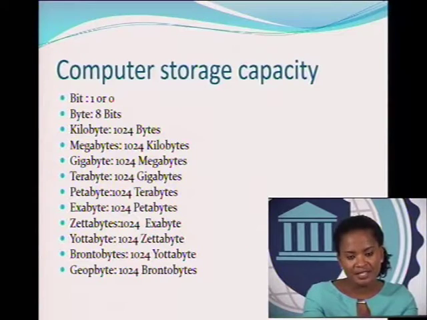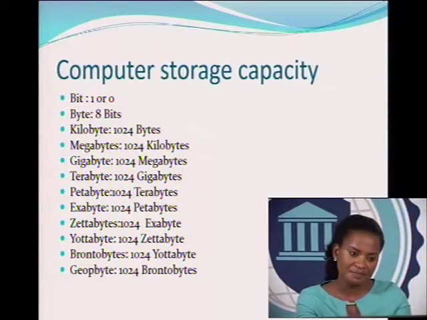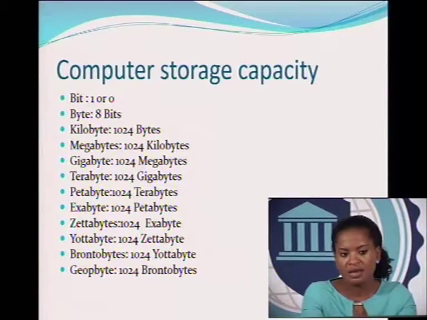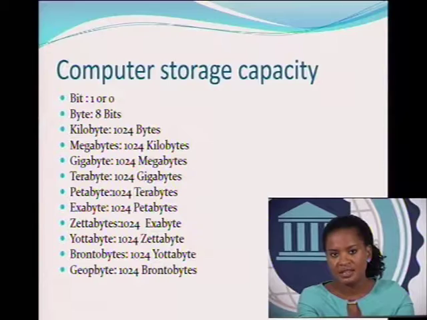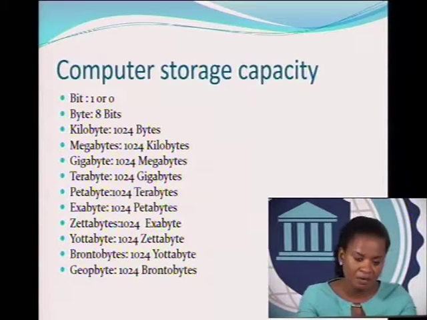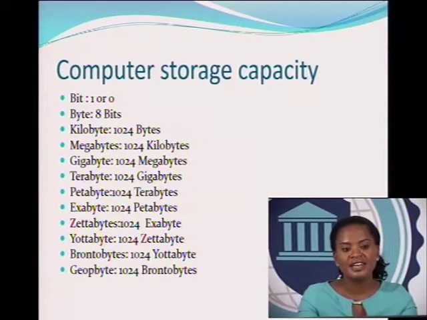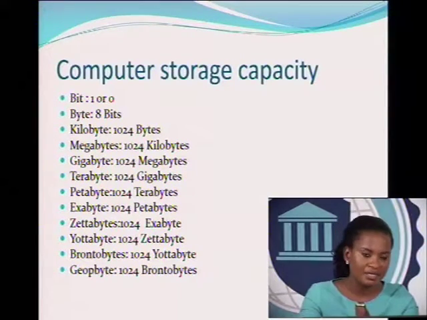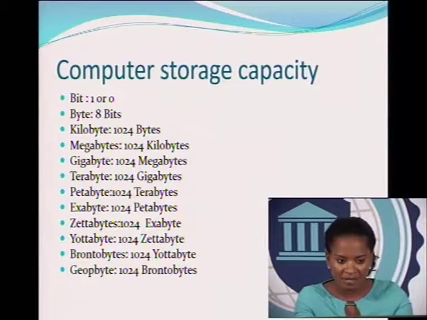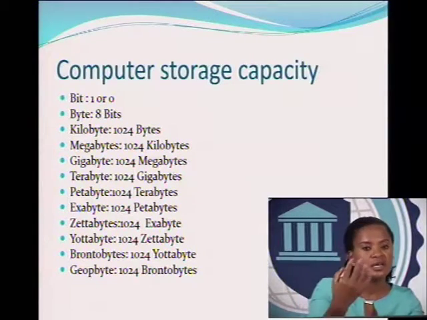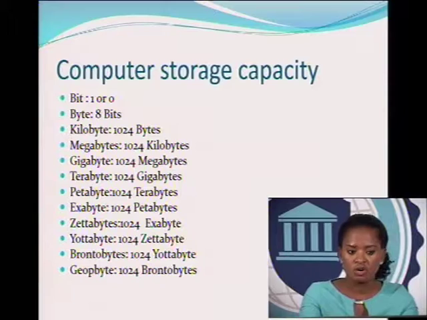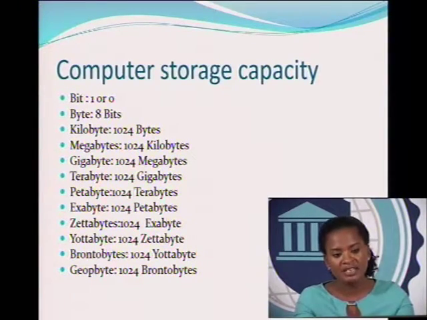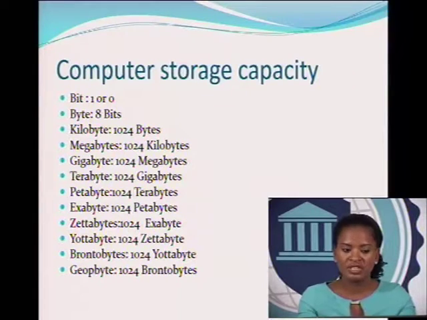In one byte we find 8 bits, and 1024 bytes make up a kilobyte. 1024 kilobytes make up a megabyte, and 1024 megabytes make up a gigabyte. Then 1024 gigabytes make up a storage unit called a terabyte.